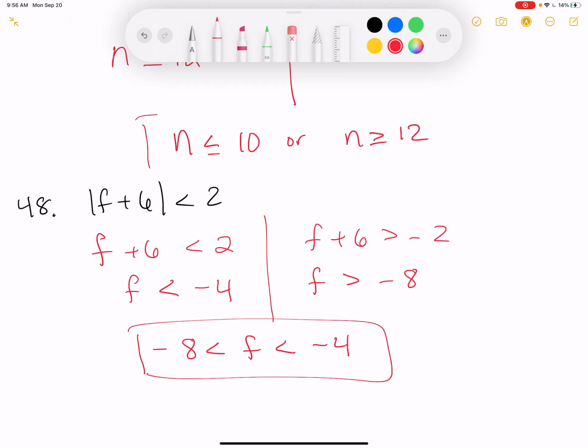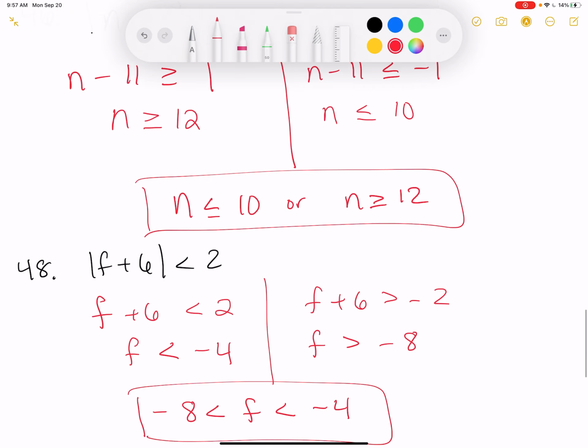How do you know? Because f was greater than negative 8. Look at where the mouth opens of the little alligator. But if it's a greater than or equal to, would it be an or?